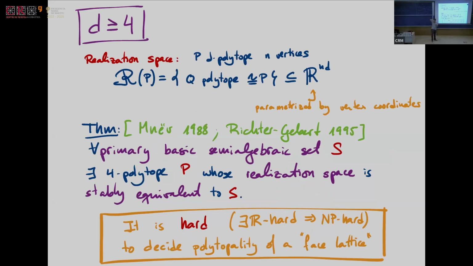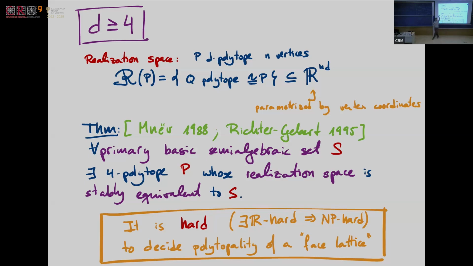If I have a polytope with n vertices in dimension D, I can make a matrix of D times n with the coordinates of my polytope and take the convex hull. If this has the combinatorial type I want, I put it in my set. This is the realization space, which is a subset of R to the n times D.